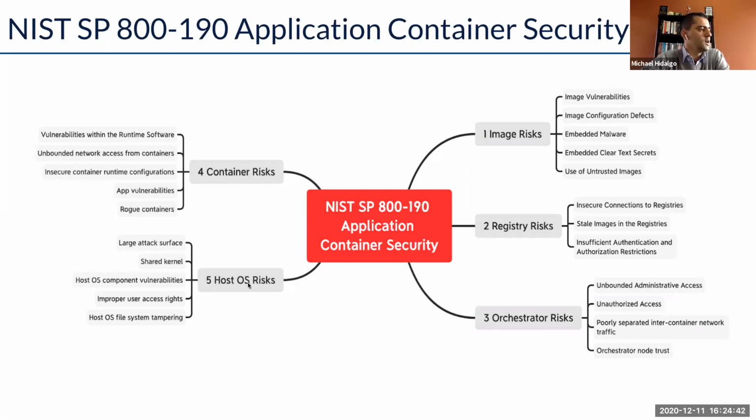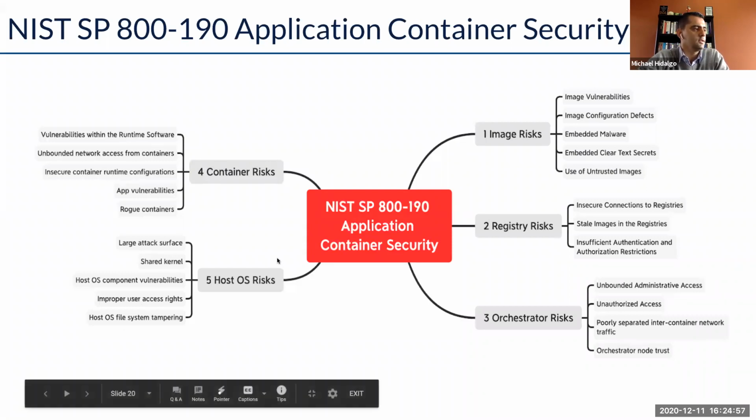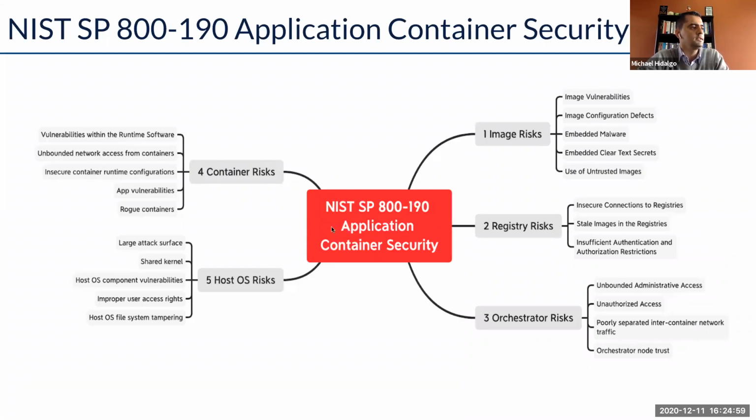And last but not least, the host: risks of the host operating system, specifically whether or not the host has a large attack surface exposed, the shared kernel, improper access, and things like that. So as you can see here, both standards cover very similar items that you need to take into consideration when deploying this into production. It's always a good thing to take a look at that. I strongly recommend you to double check them.